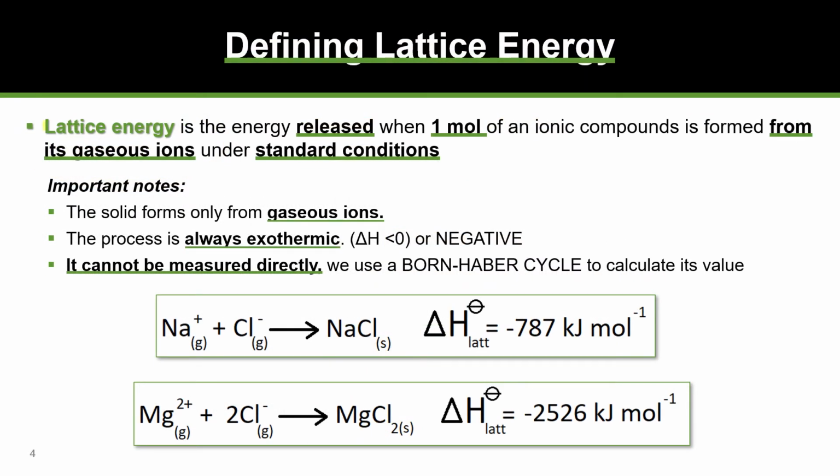We are going to define lattice energy, and lattice energy is the energy released when 1 mole of an ionic compound is formed from the gaseous ions in standard conditions. In some books, the lattice energy is the energy absorbed to form 1 mole of ionic compounds from the gaseous ions, and that is something that you need to be aware of, that sometimes in some books the sign of the lattice energy is the opposite.